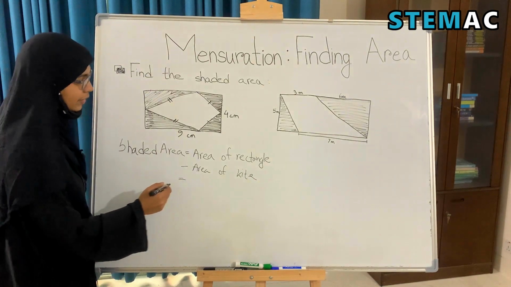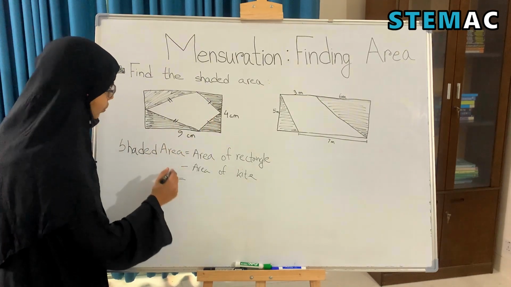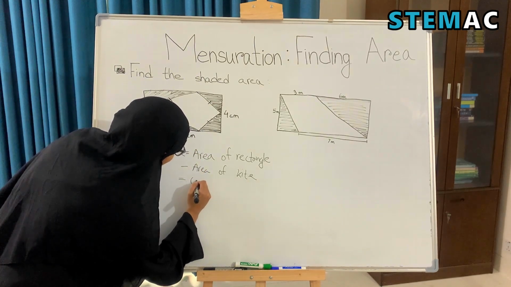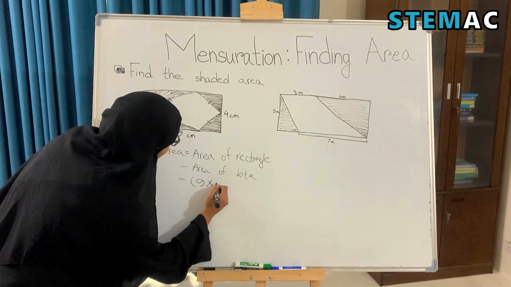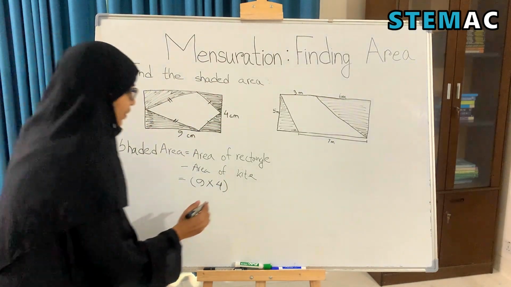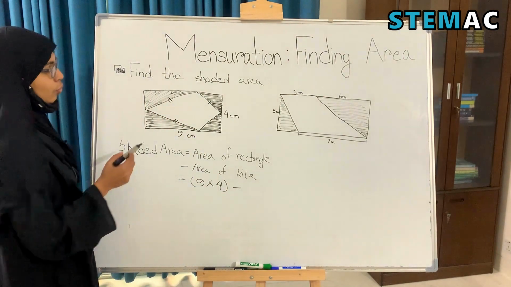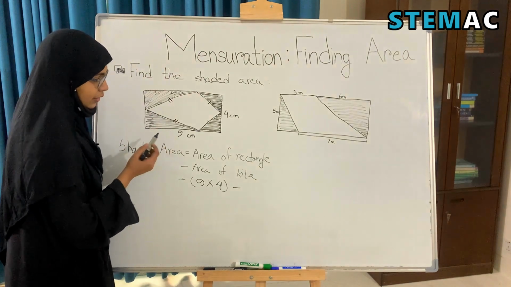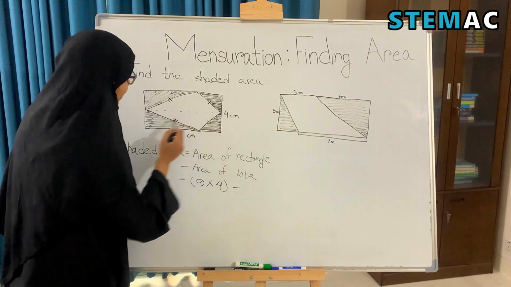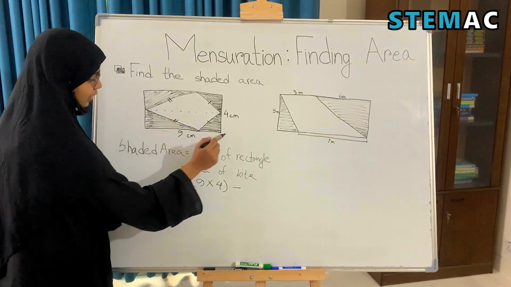So, here area of rectangle equals length into breadth, we already know, and here the length is 9 centimeter and the breadth is 4 centimeter. 9 into 4 minus area of kite. For area of kite, we need to know the length of the diagonals. So, this diagonal is parallel and equal in length to this side of this rectangle.